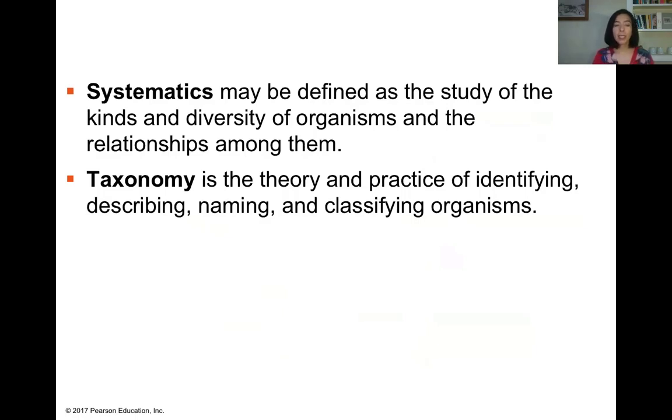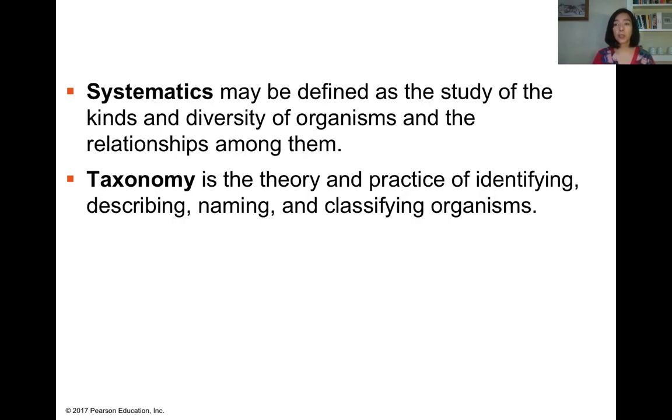In taxonomy, in contrast, we have the theory and practice of identifying. So we are going to identify a species. We can describe the species. When you find a new species, you have to describe it. If you describe it, then you have to name it. Otherwise, how are people going to refer to it? So you give it a name, and under taxonomy you also classify organisms, and you can classify organisms without establishing the relationships.